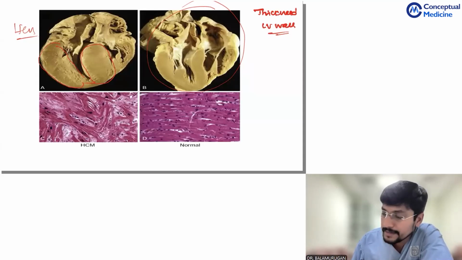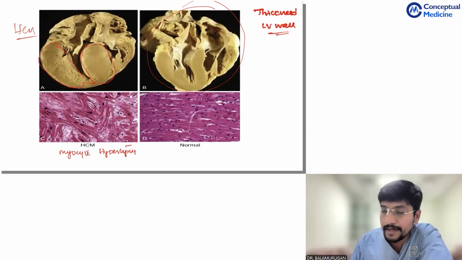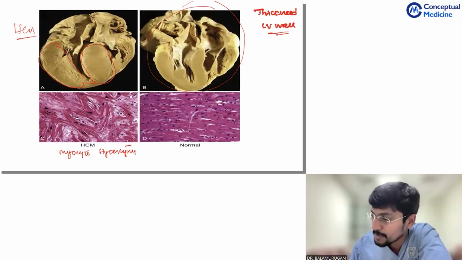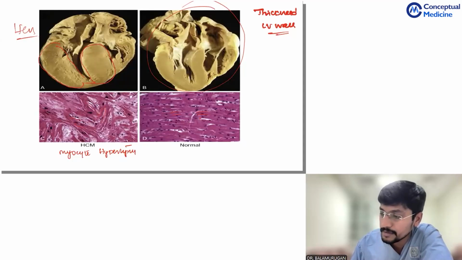What is there in the histopathology in patients with HCM? It is very classical and it is even asked as an MCQ question. Histologically, what you find is myocyte hypertrophy, with myocytes arranged in a haphazard manner. This is the normal myocytes, uniformly arranged. Here you see myocyte disarray, and in between you also have some fibrosis.